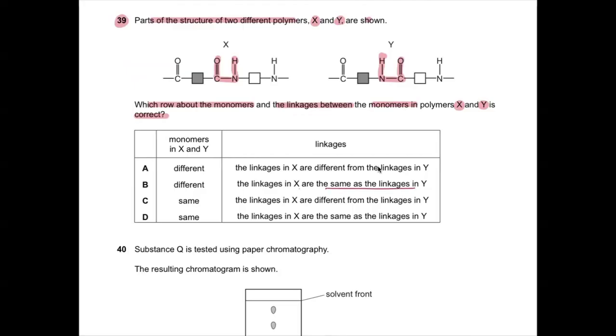So the linkages in X are the same as the linkages in Y. And they are saying different linkages, which makes A and C go wrong.